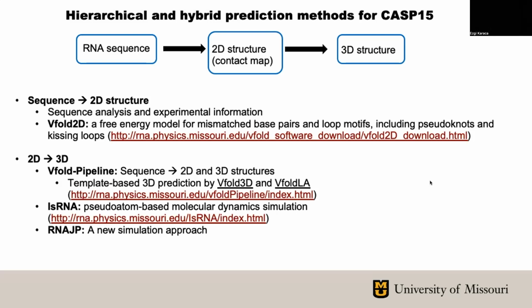For the prediction from the sequence to the 2D structure, as I show here, we use the sequence information, the sequence-aligned MSA. And if there's some available experimental information, like SHAPE, we'll make use of it. In the RNA puzzle, thanks to Richard Das' lab, often the SHAPE data was provided.